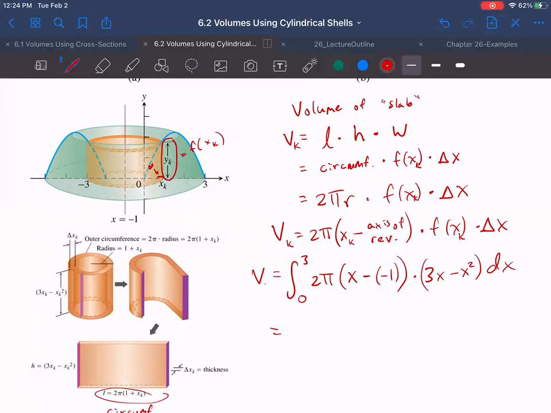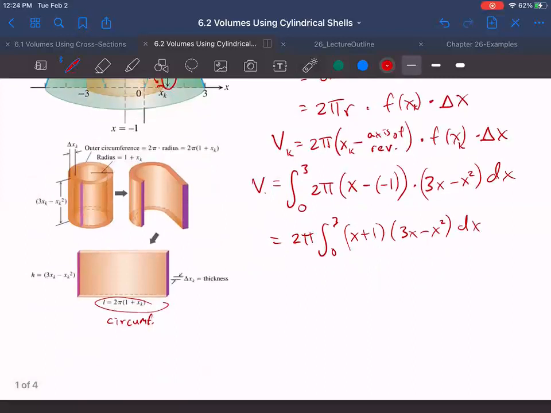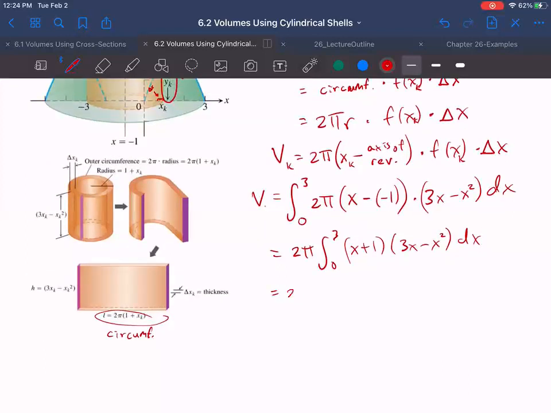So this is going to be, I can bring the 2 pi out front, 0 to 3. This becomes x plus 1 times our 3x minus x squared dx. We can multiply those together. 2 pi, 0 to 3. My handwriting's getting messy because I'm not taking my time.